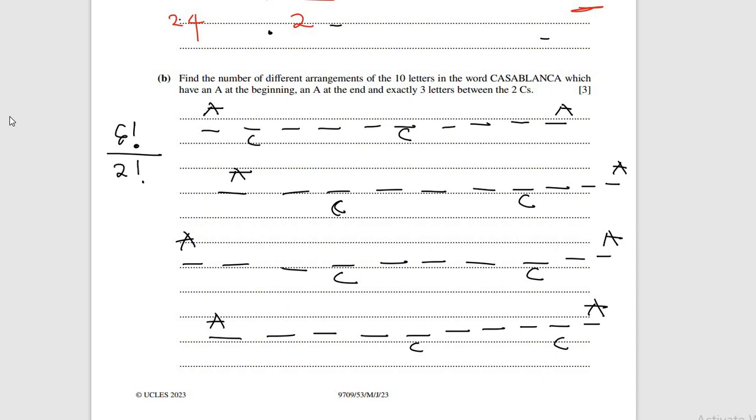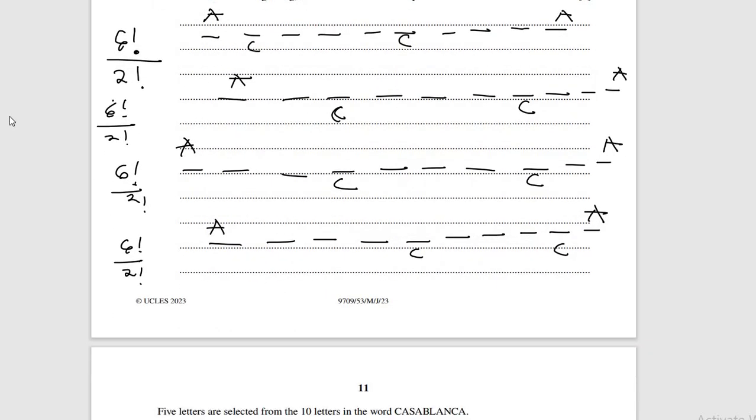So 6 factorial over 2 factorial. The same thing with this one too, and with the others: 6 ways with repetition. So add all of them together. That will be 4 times 6 factorial over 2 factorial, which gives 1440 ways. That's the answer for that one.